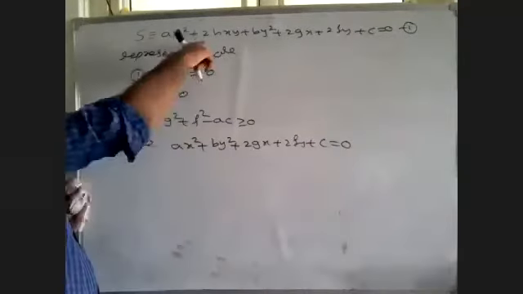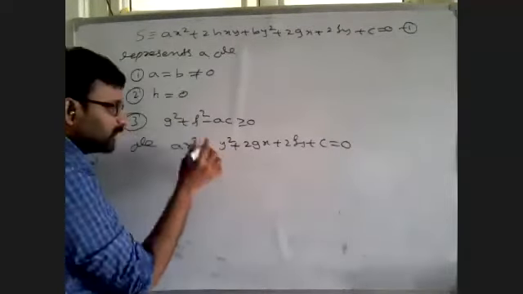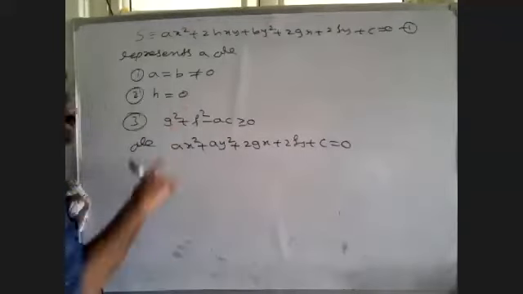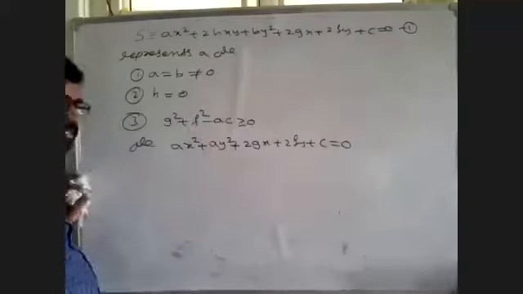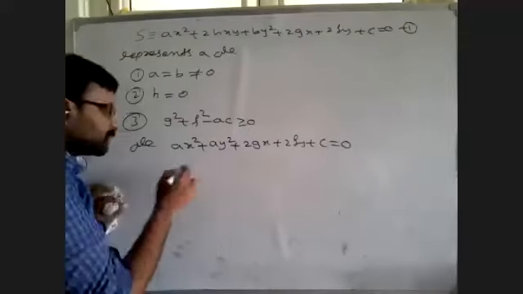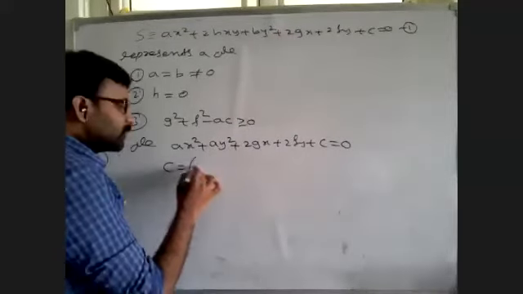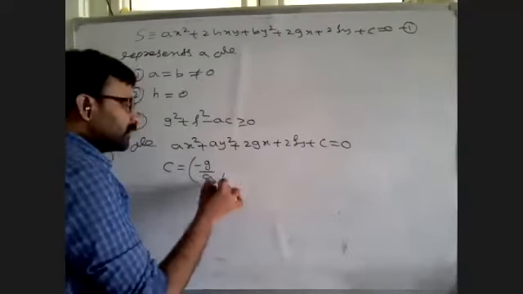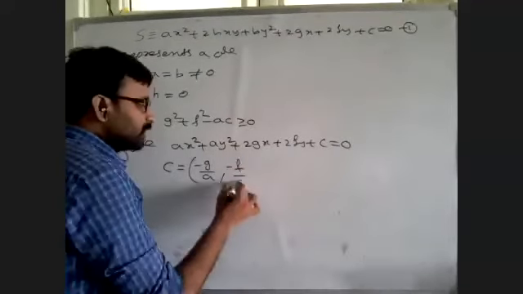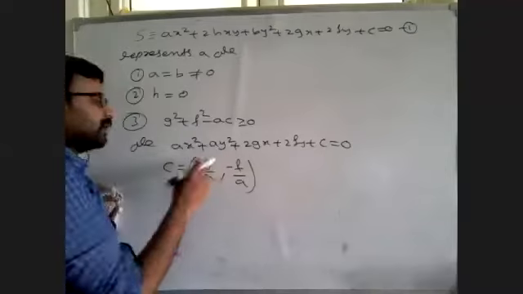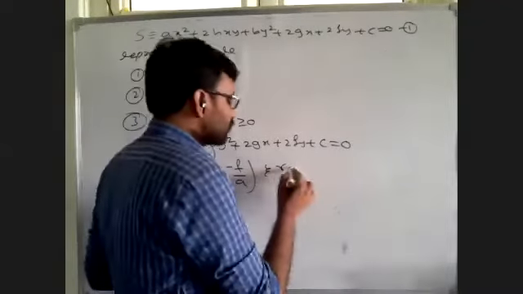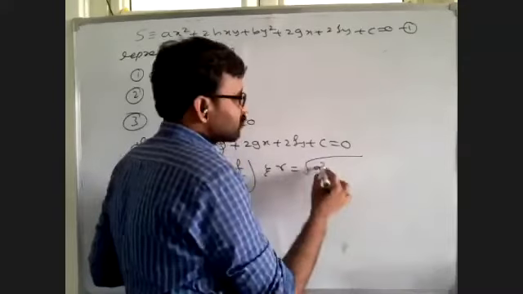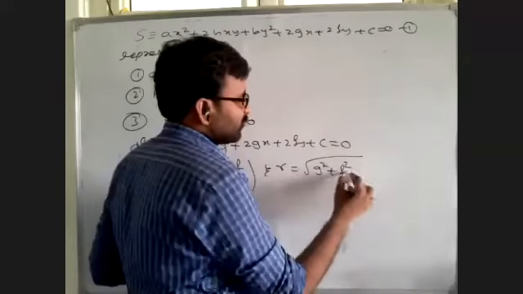If you write this, a and b are the same, h is not there, and if you calculate this, you will get greater than or equal to 0. Then the center of this is minus g by a and minus f by a. Since we have a, కాబట్టి a లేకుంటే minus g, minus f center అది మనకు తెలుసు already. And the radius is root over g square plus f square minus ac.